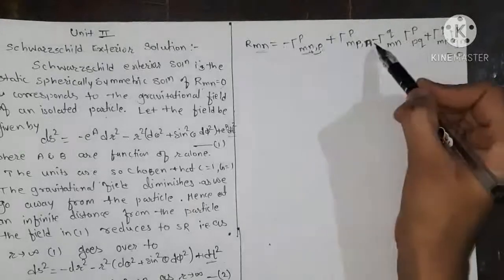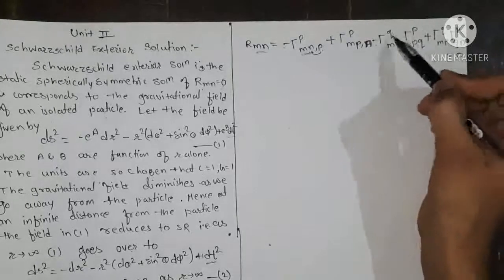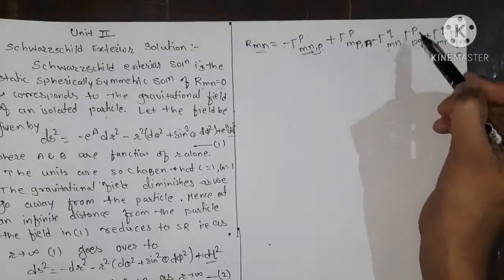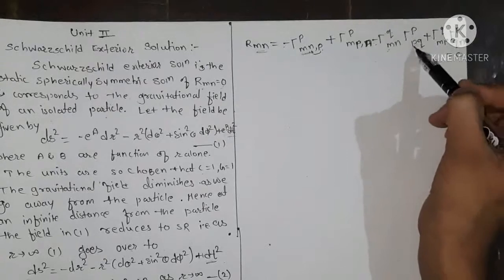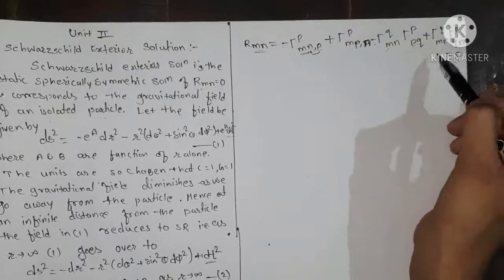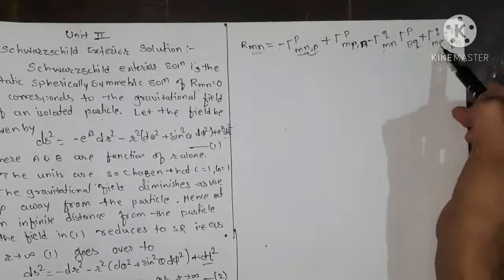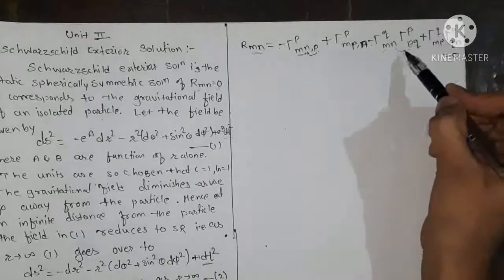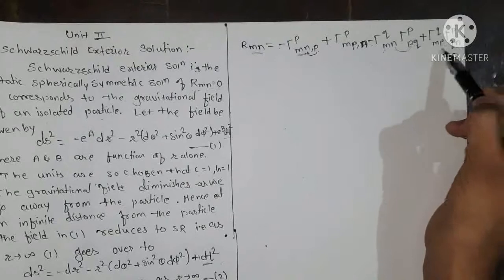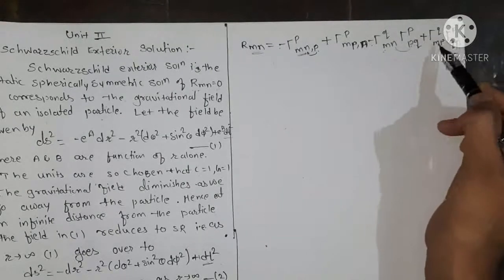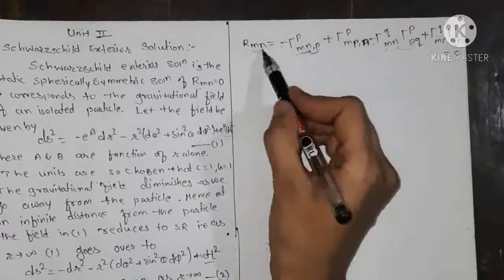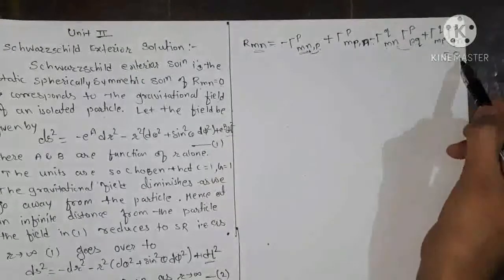When it is the same order there is a minus sign, so Γ^q_mn with p, q as the dummy suffix, taking lower suffixes and p in upper, and here p has to cancel out, so p is a dummy suffix in the lower suffixes, plus Γ^q_mp. Here we are changing the order of m, n and p, so p and n change order, so we have the plus sign Γ^q_mp Γ^p_qn. So remember this formula for the Ricci tensor, and we have to solve for it equal to 0.